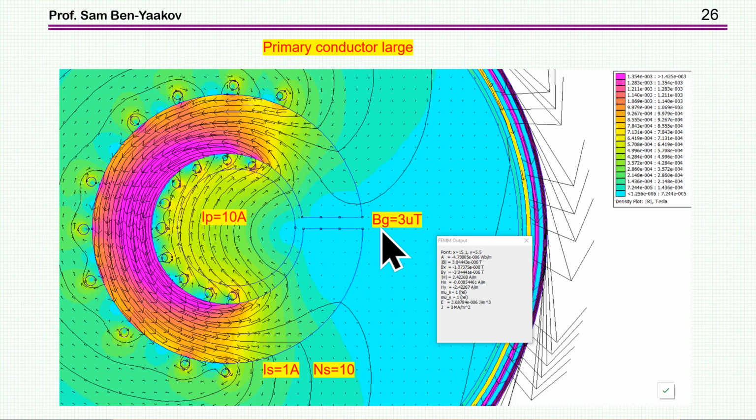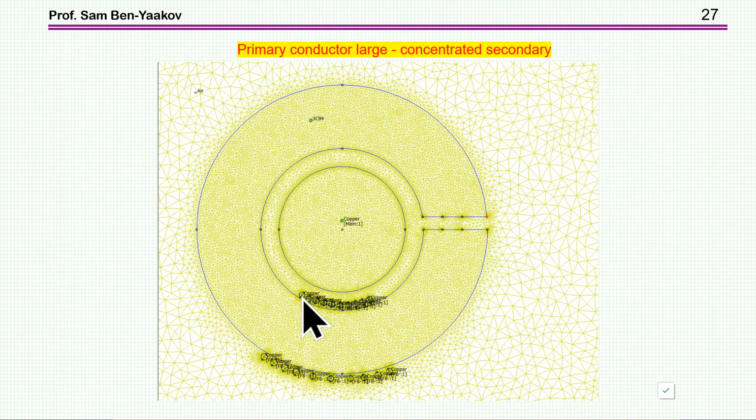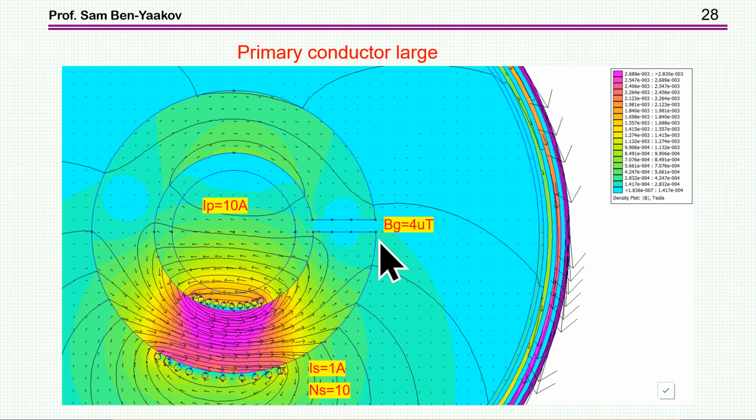Well, it's a little bit higher than the 0 we have seen earlier, but still it is fairly low. Then we concentrate the wires here with a large center wire, and here is what we get. Basically the same thing. Doesn't make a big difference, okay?